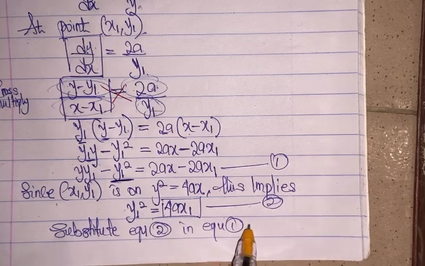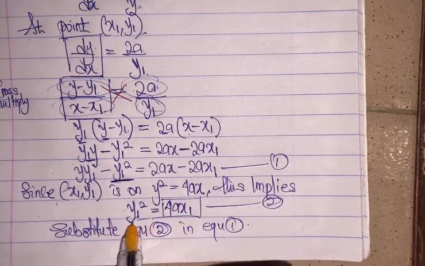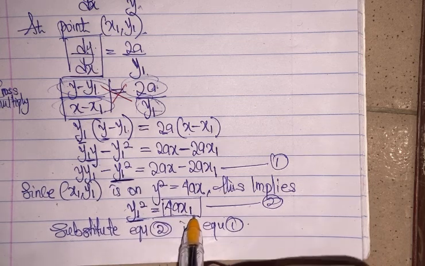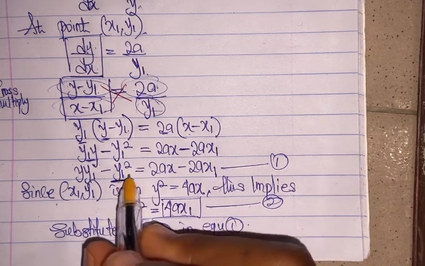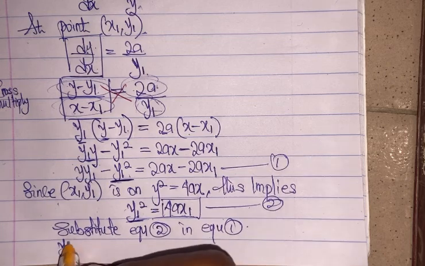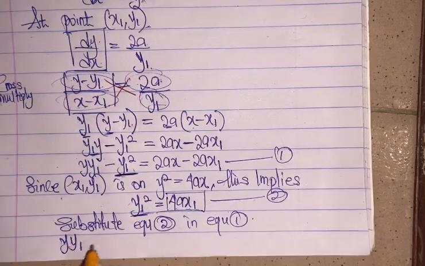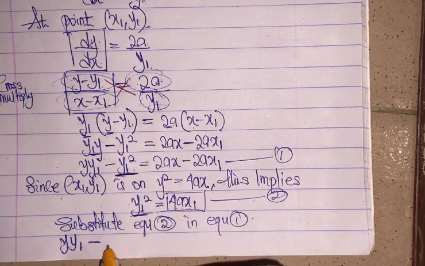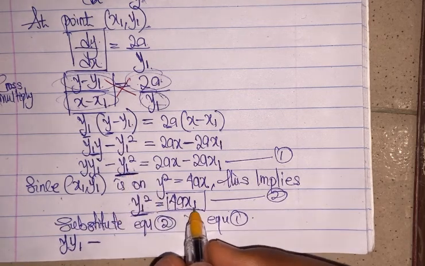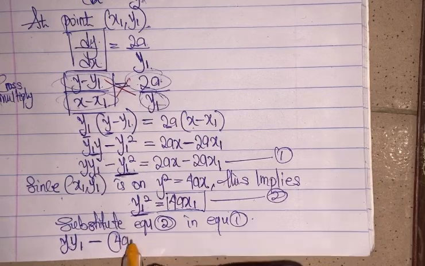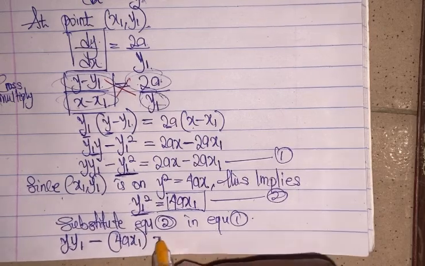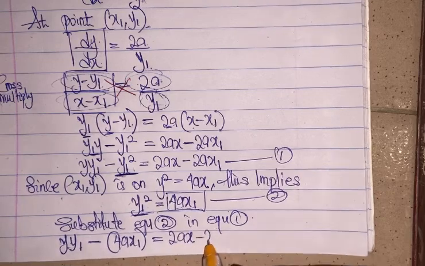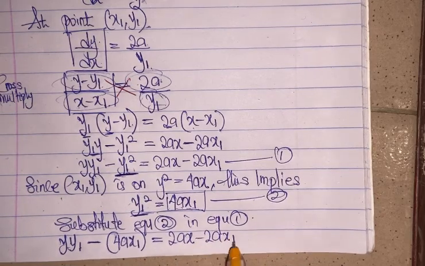Wherever I see y1 squared, I'll substitute 4ax1. So equation 1 becomes y1y minus, this time around I cannot write y1 squared, since y1 squared is already 4ax1, so 4ax1, equal to 2ax minus 2ax1.